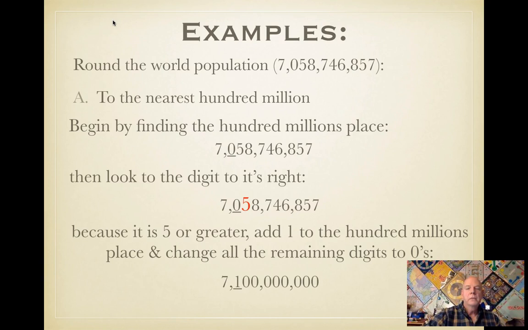So we round it up to a 1, and then we make every digit after that a 0, because if you're rounding, essentially you're estimating, approximating that number. So we have rounded this off to 7,100,000,000, and that's to the nearest 100 millions place.